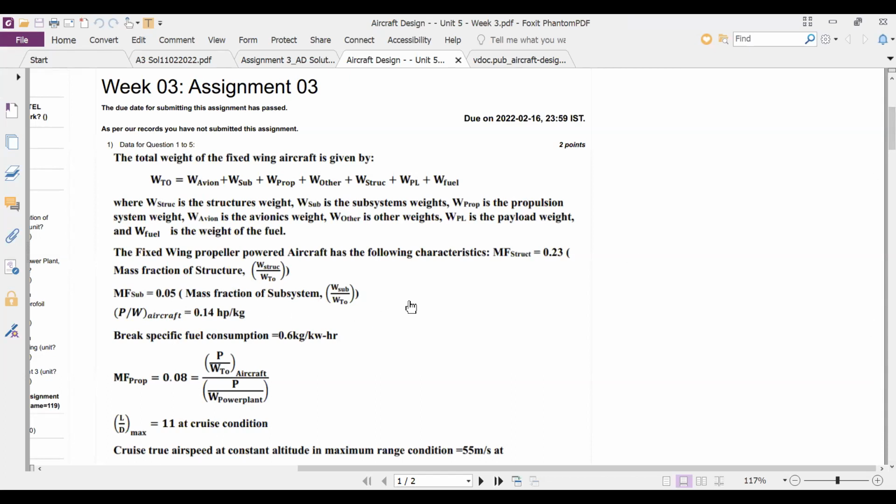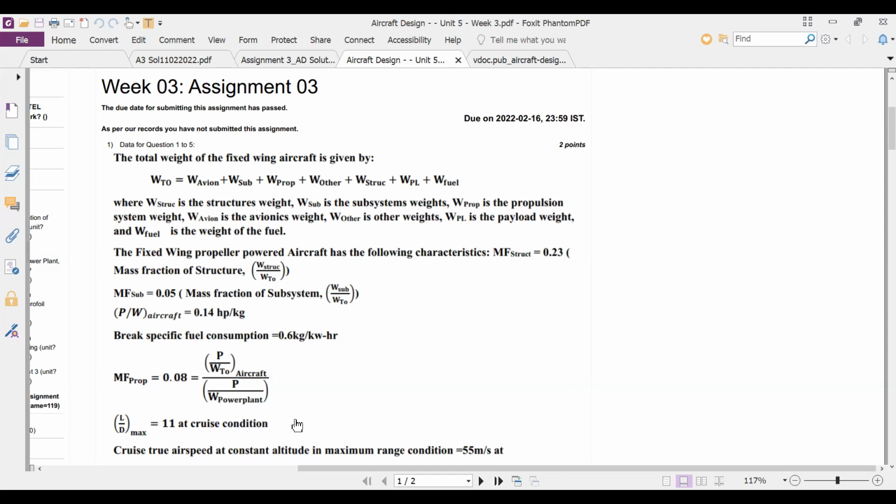What they have given us is the mass fraction of the structure, the mass fraction of the subsystems, and the power to weight ratio of the aircraft. They have also given us the SFC, brake specific fuel consumption. Have you been introduced to this quantity so far, until assignment 3 or 4? This specific fuel consumption. Yes, sir.